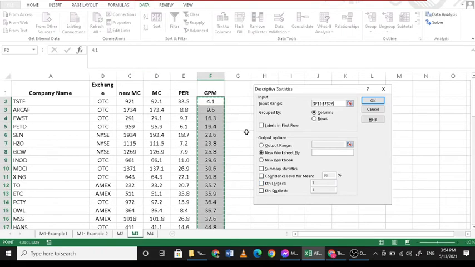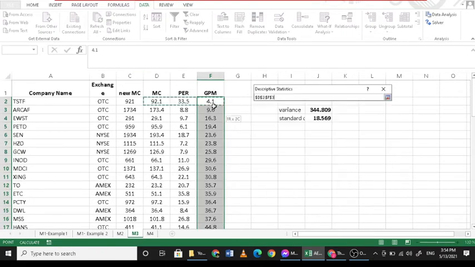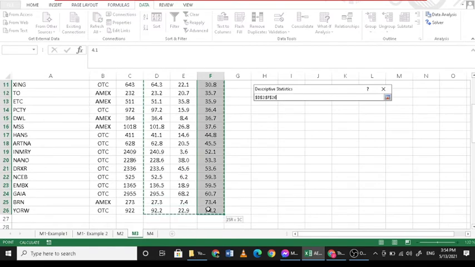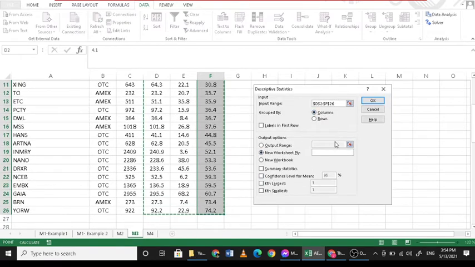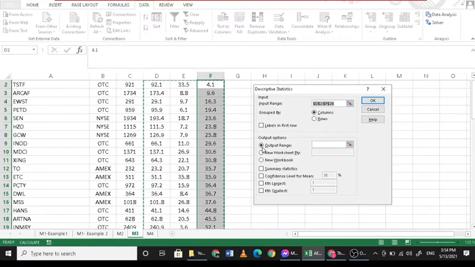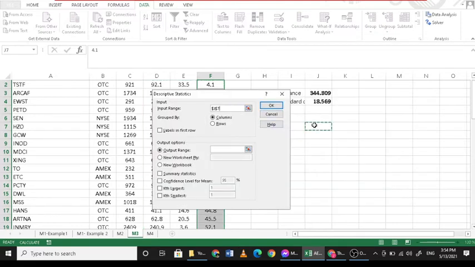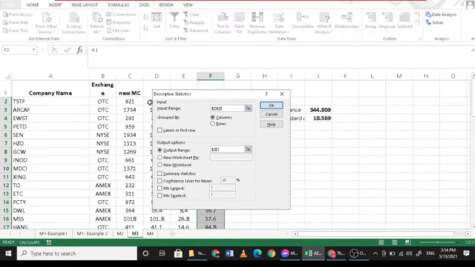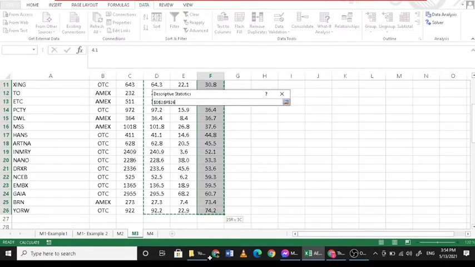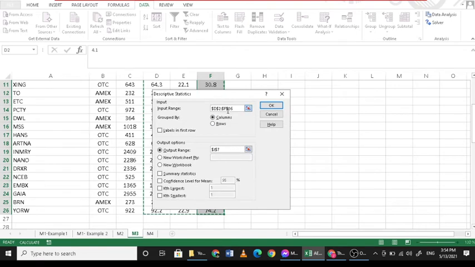Then for the output range, you simply select a cell here. The input range should be grouped by column.